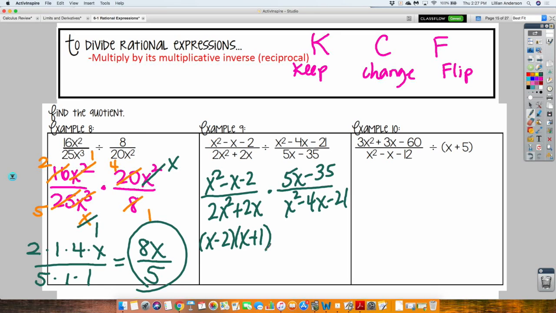But I'm going to skip it at this point because we've done a lot of factoring already. What about the bottom? How does the bottom factor? I can take out a 2x, and that leaves me with what? x plus 1.